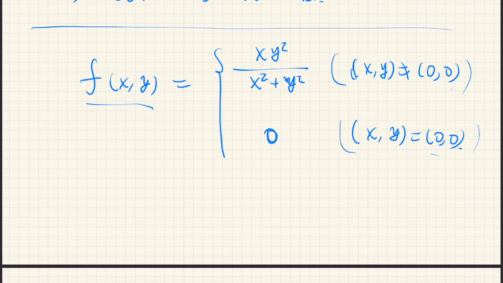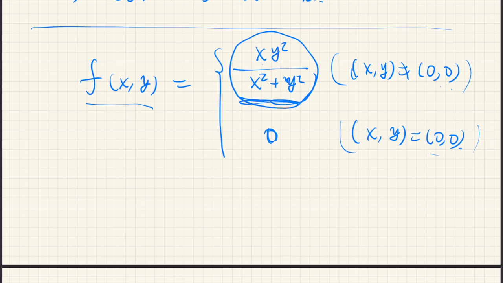So it is continuous. And the ratio between two polynomials, that's a rational function, is continuous. At the origin, it is defined to be 0, but as we have seen in one of the examples before, this function converges to 0 when x y approaches the origin.